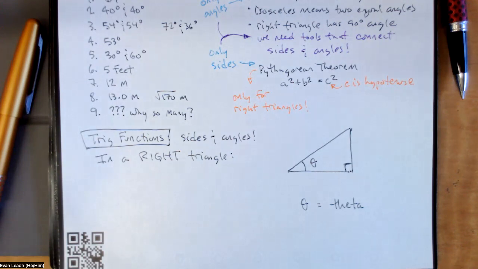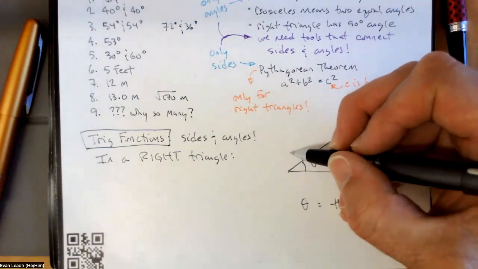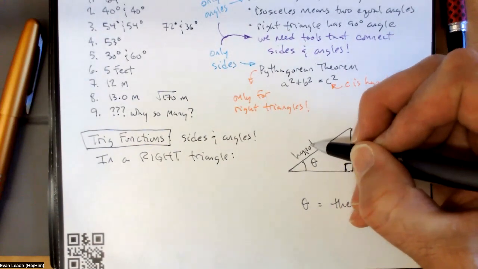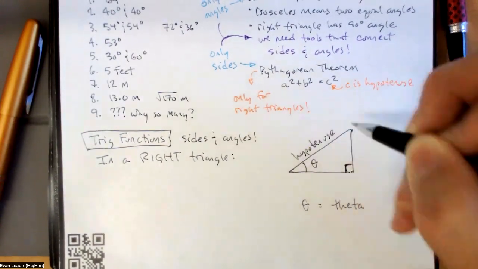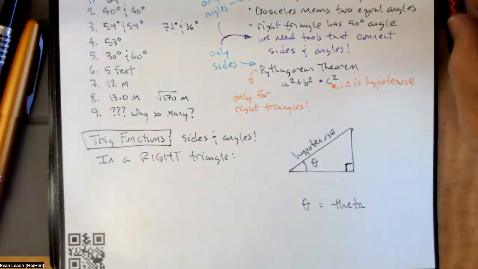Now, in this right triangle, one of the sides is a hypotenuse. Which one is the hypotenuse? That's the angly one in this case. The hypotenuse is always opposite the right angle.